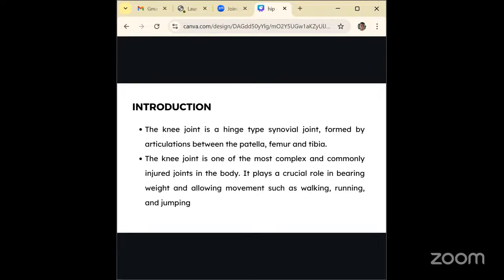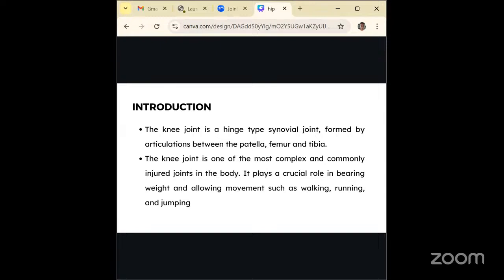So that's what hinge means for the knee. It just extends and flexes. And then you can have medial and lateral rotations in mild forms when the knee is flexed. So you must tell us that it is a hinge type, and that it's a synovial joint.